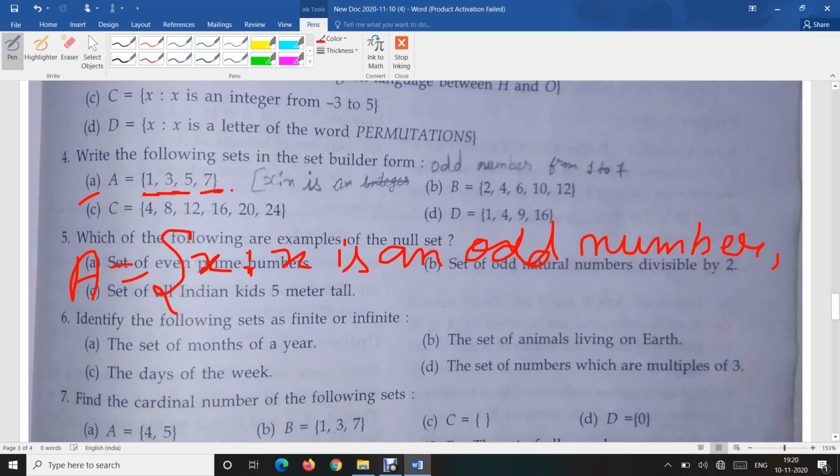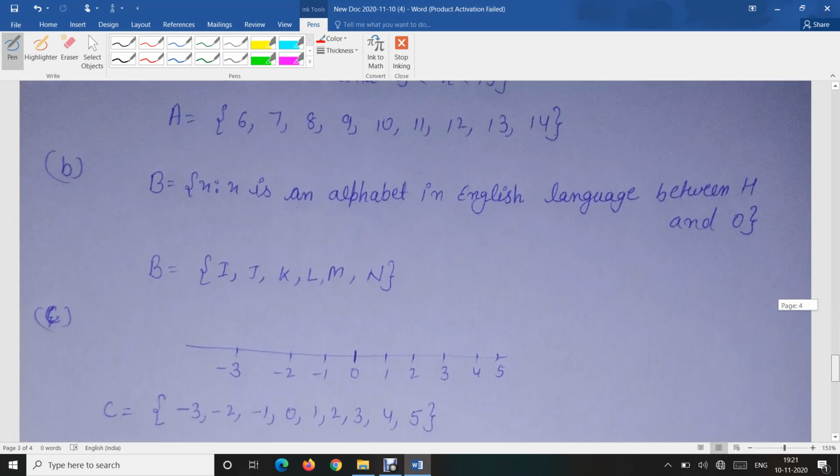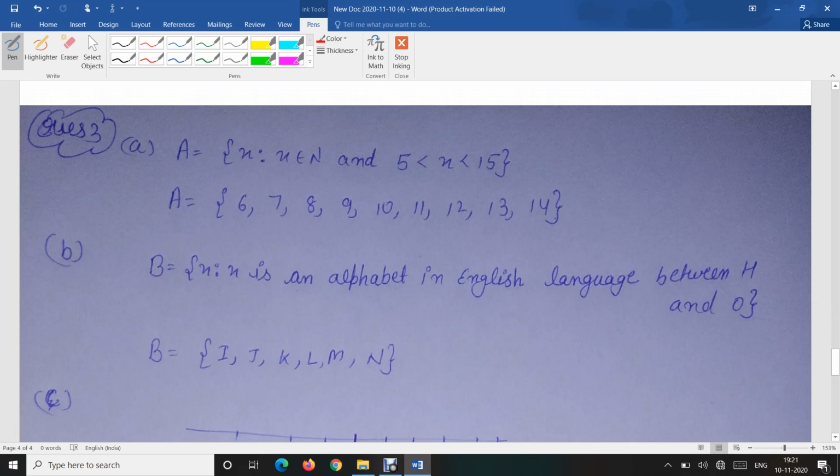We also have to write that x is from 1 to 7. This is the set builder form. You can see how I wrote it.